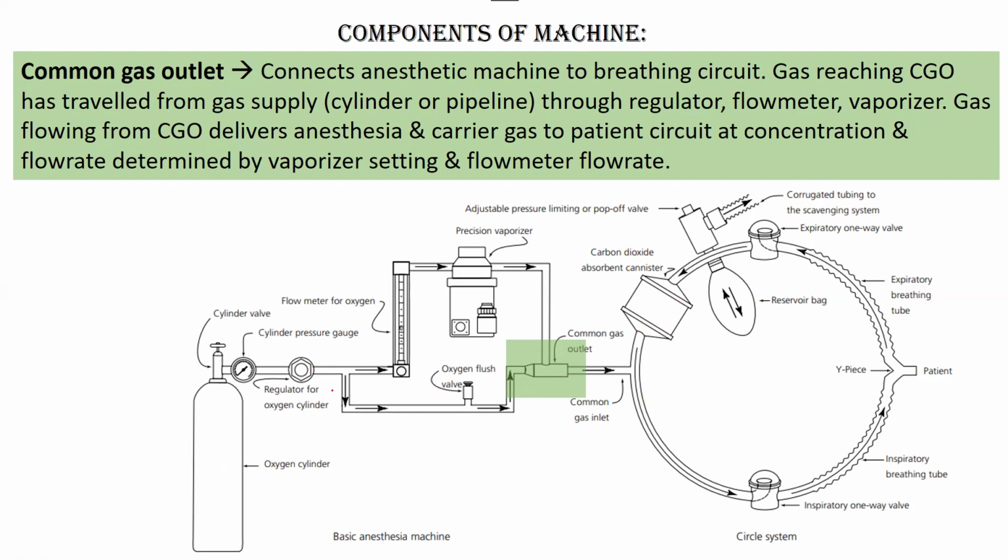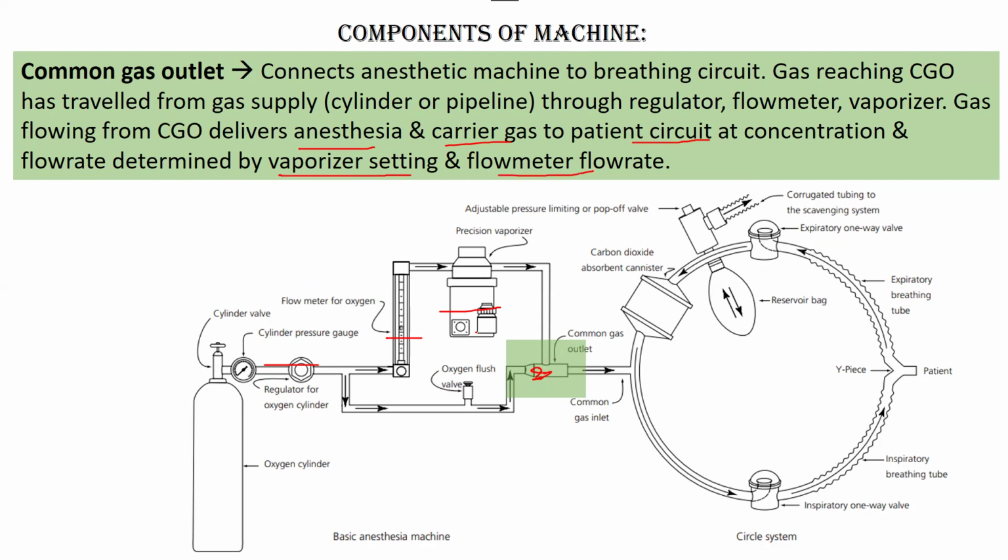They are telling us that the gas that reaches over here has basically traveled through the regulator, flow meter and this vaporizer, and then it enters here. Gas flowing from the common gas outlet delivers anesthesia and carrier gas both to the patient circuit at a concentration and flow rate that are determined by the vaporizer setting and flow meter flow rate.